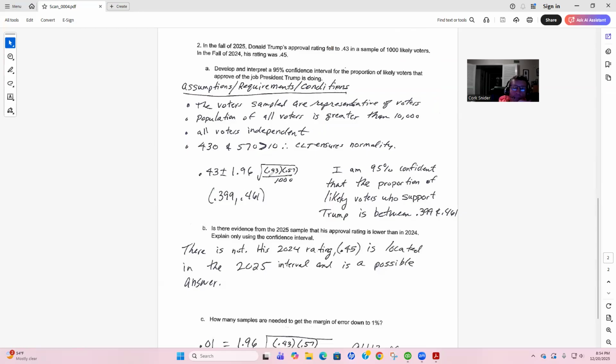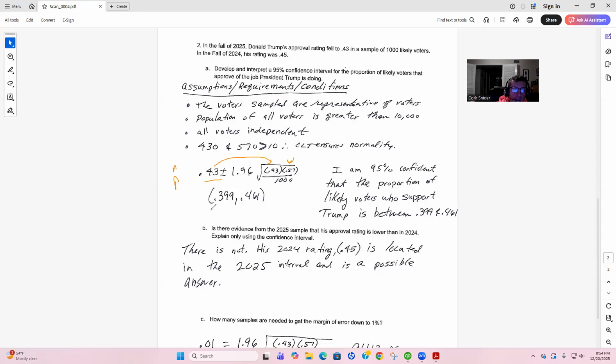Okay. Next, you guys are going to put the interval together. Now, a confidence interval for proportion is a little different. 0.43 is the point estimate. The point estimate is called p hat, plus or minus 1.96 for 95%. And then this estimate goes right there, one minus that goes right there, and then n.